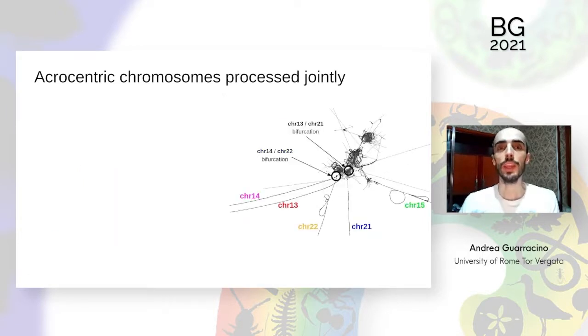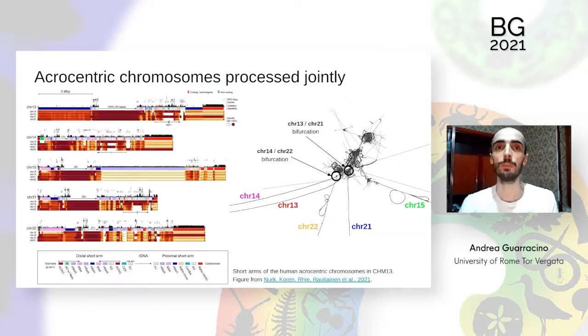Indeed, if we take a closer look, we can notice two bifurcations highlighted with black circles in the graph layout on the right. These bifurcations are due to the high similarity that chromosomes 13 and 21, and also chromosomes 14 and 22, share across the centromere and pericentromere.